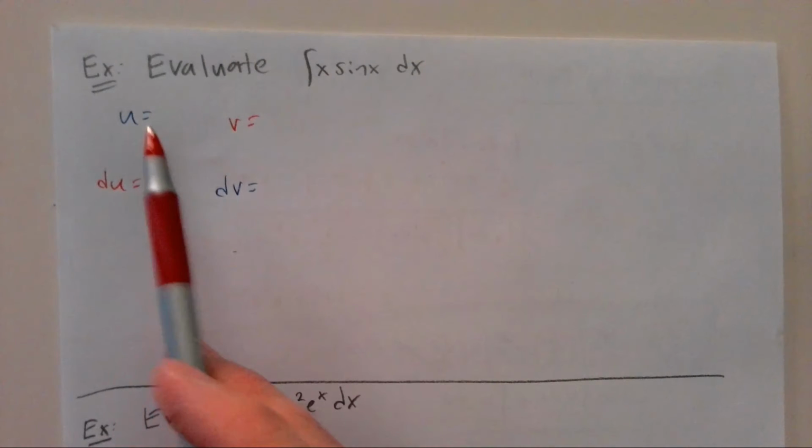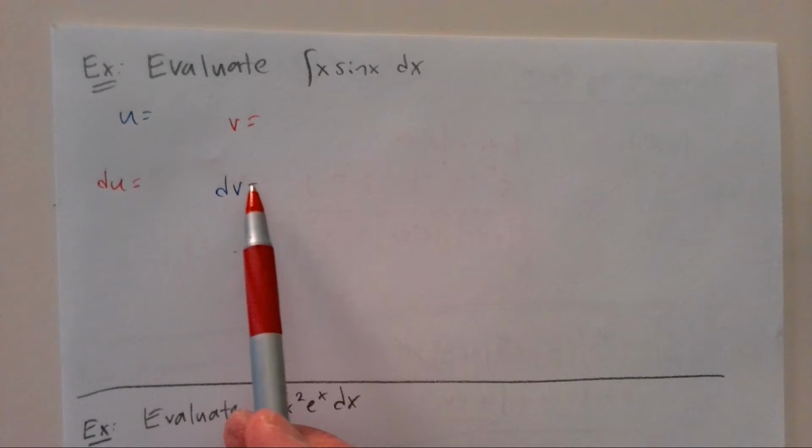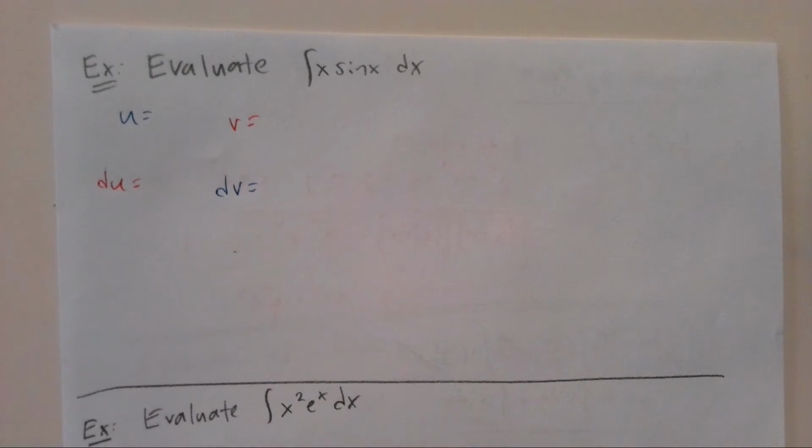So first choose what the blue stuff is, and based on that, we'll find what the red stuff is. Again, our hints are we want dv to be something that's rather simple to find the antiderivative of, and we also want u to be something that gets less and less complex as we take more and more derivatives.